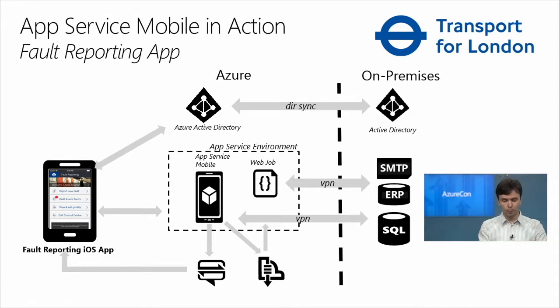But it also queues up, using Service Bus queues, changes that will later on be propagated using a web job, another App Service feature. In a simple fragment of code, Transport for London is able to propagate these changes to a local ERP system.